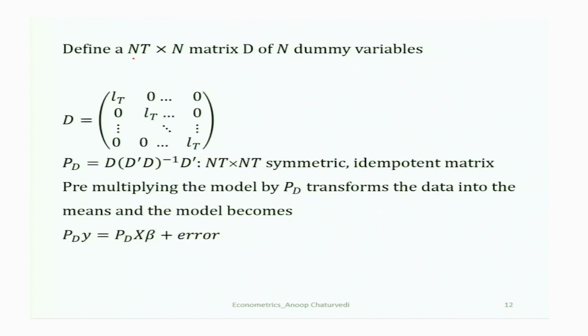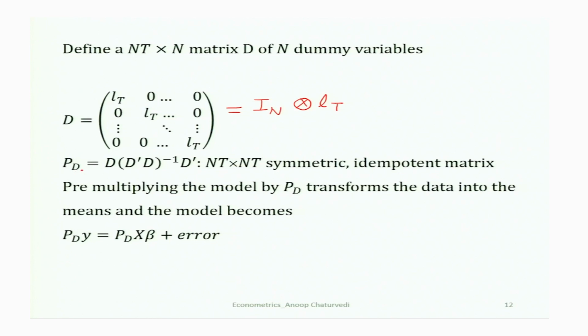Then we define an NT cross N matrix D of N dummy variables. So, D equal to, you have L_T here, then 0 0, then you have 0 L_T, and so on. In fact, this D is equal to I_N Kronecker product L_T.